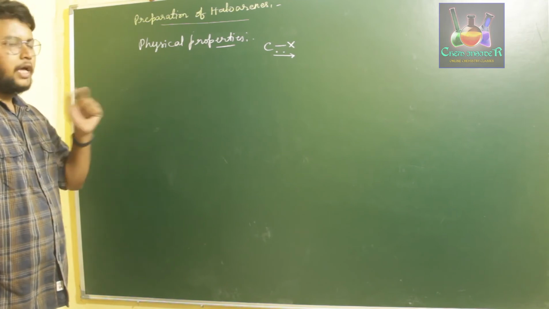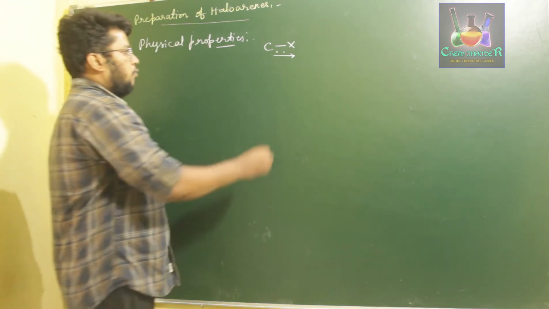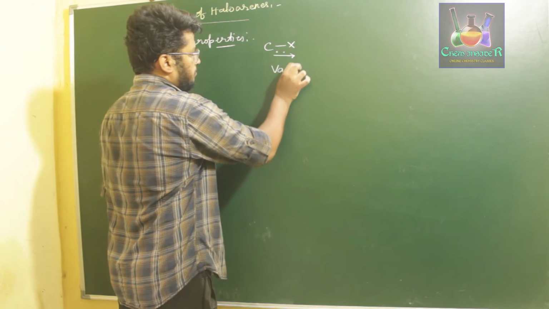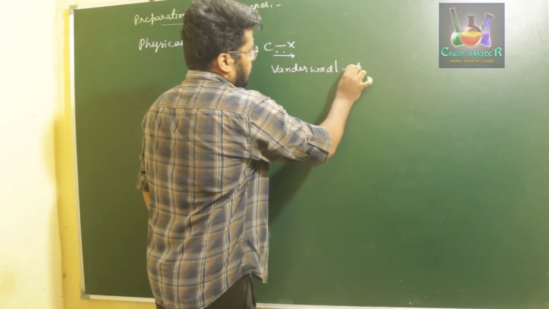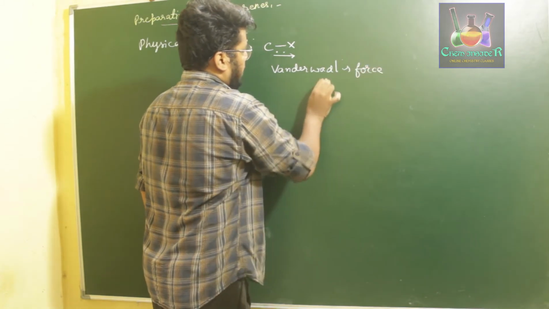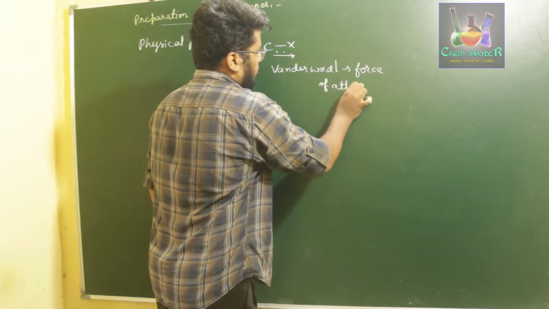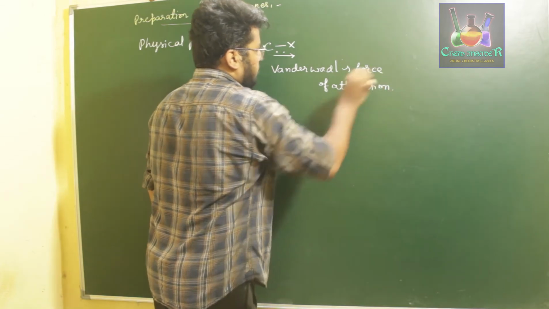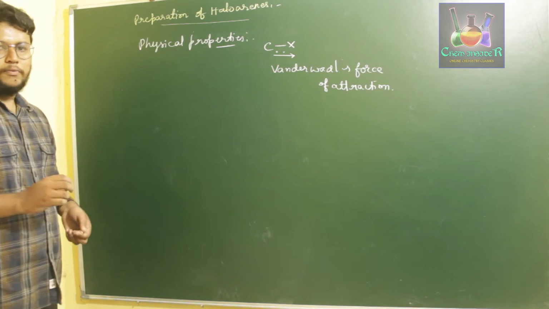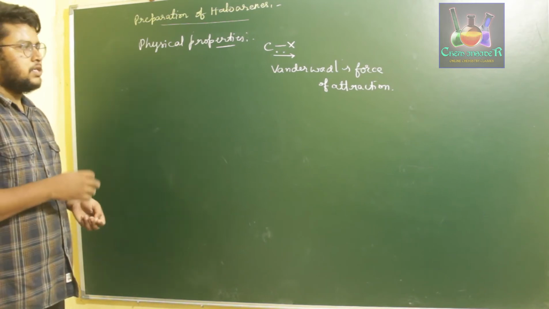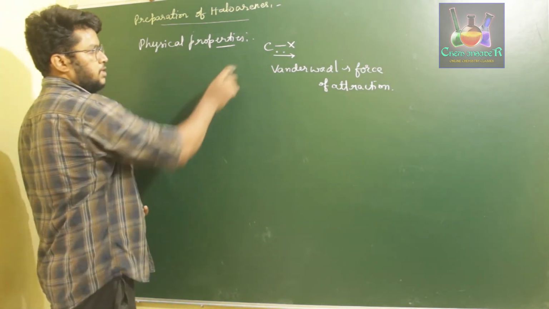Further, these molecules are held together by van der Waals force of attraction. So we can explain the complete physical properties of haloalkanes and haloarenes using these two basic concepts.